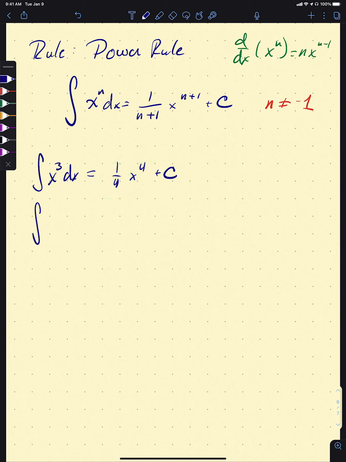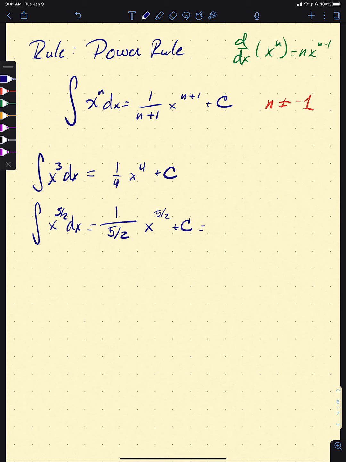We can also look at something like the antiderivative of x to the 3 halves. Well, once again, just following our steps, we're going to get 1 over 3 halves plus 1. So 1 over 5 halves, x to the 5 halves, plus c.